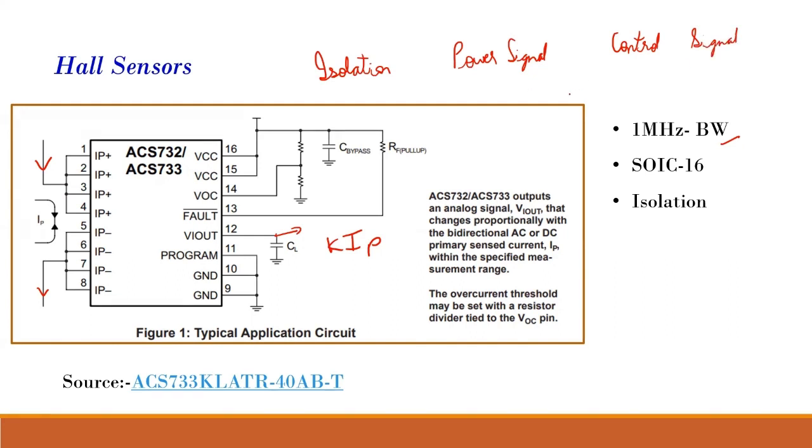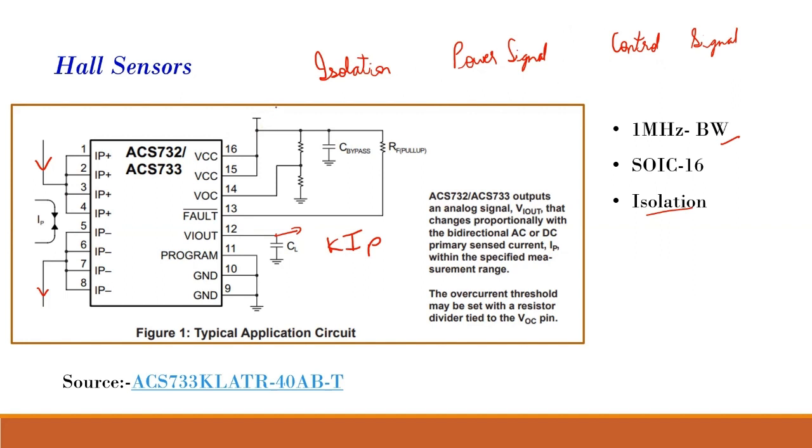We want to decouple them, so that problems or noise from one part should not flow into the other part. When we have isolation, this power signal will not affect the control signal. So the Hall current sensor is an isolated current sensor.